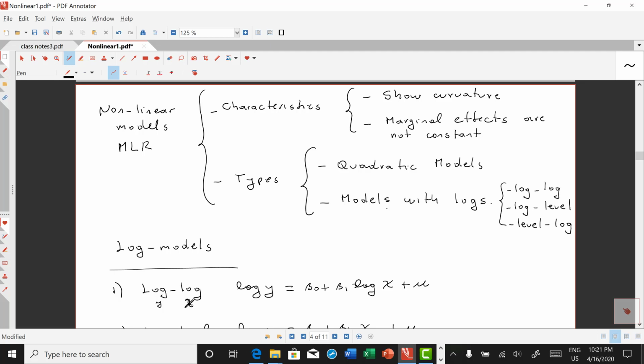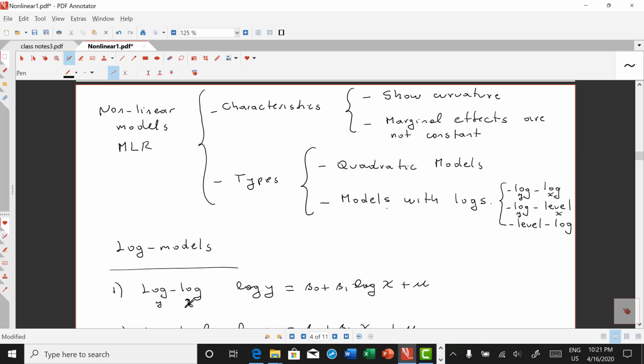Remember, previously in the log-log model, we have the log of both the dependent variable and the explanatory variable. In the case of the log-level model, we have the log of the dependent variable, and we have the explanatory variable x, without the log.